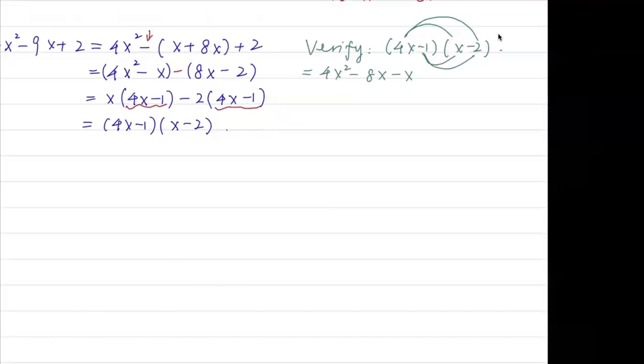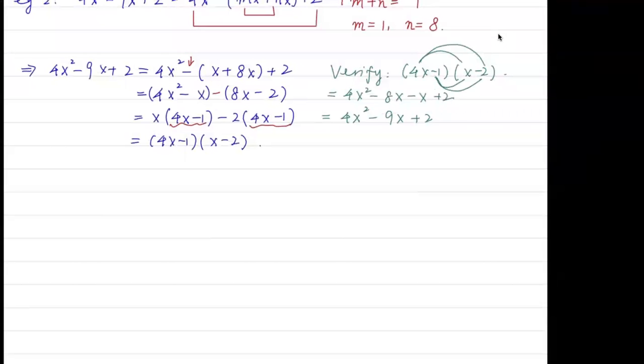Minus 1 times minus 2, that's positive 2. And now let's combine all the like terms. 4x squared stays the same. Minus 8x minus x, that's minus 9x, plus 2.